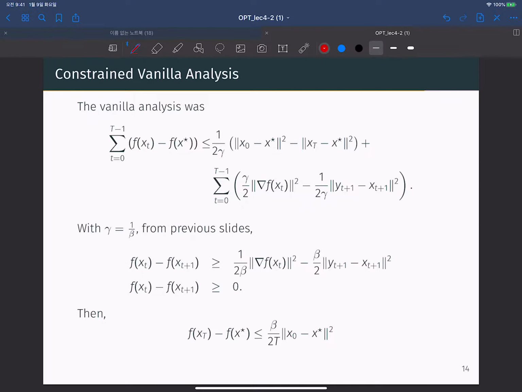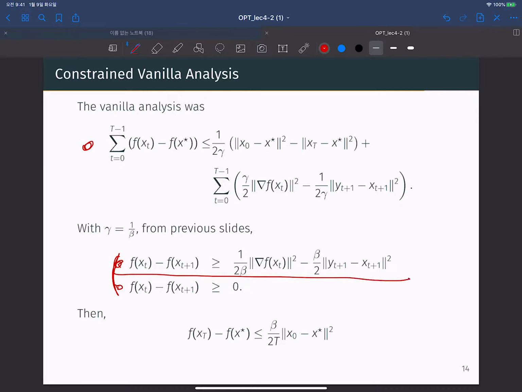Now we have all the ingredients. Using the vanilla analysis, we have this. And from the two lemmas, we have these two inequalities for f(x_{t+1}) and f(x_t) minus f(x_{t+1}).